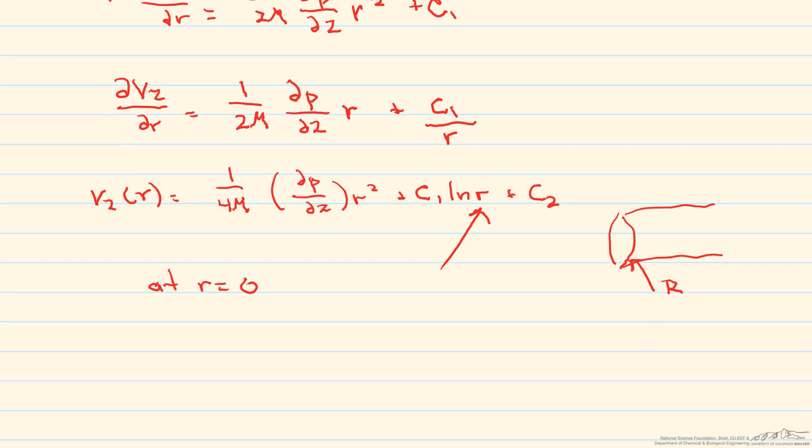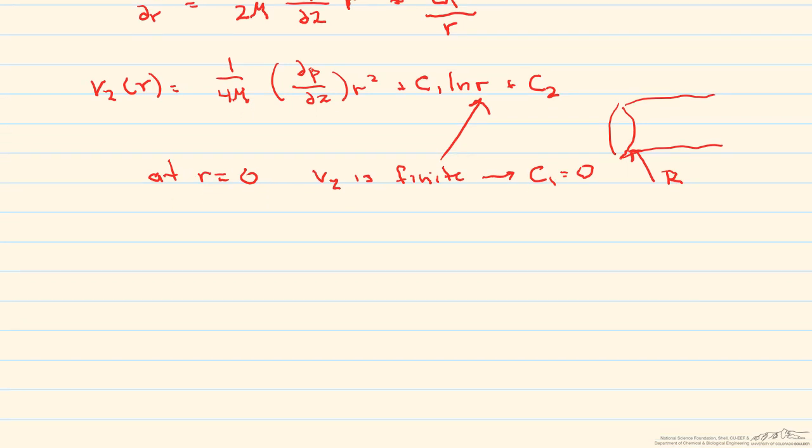The natural log of 0 is infinity. And since the velocity cannot be infinity, we have to get rid of that term. So what we say is at r equals 0, our velocity is finite, and the only way that can happen is that c1 has to equal 0. In other words, we have to get rid of that term.